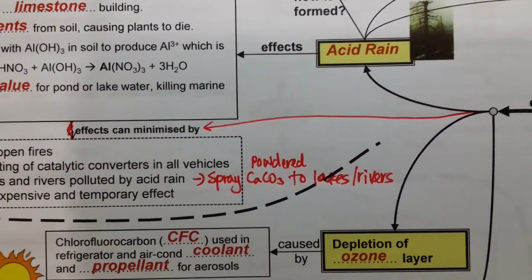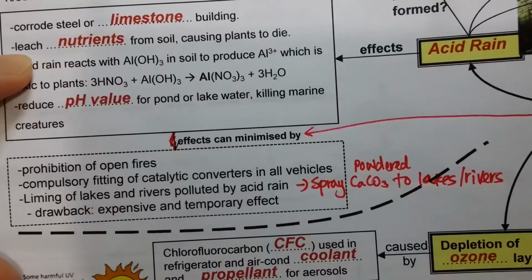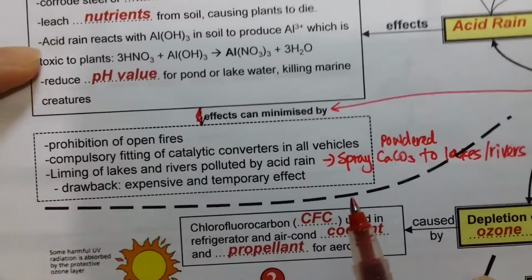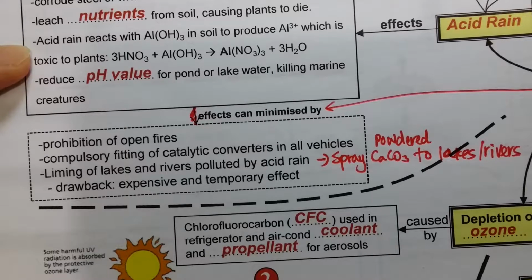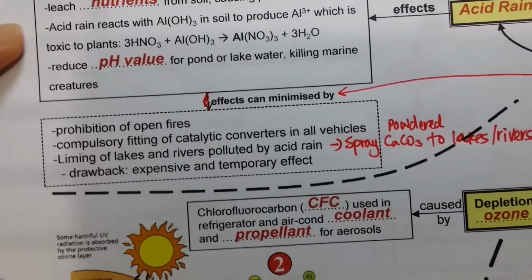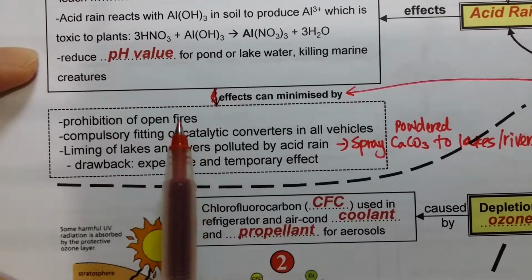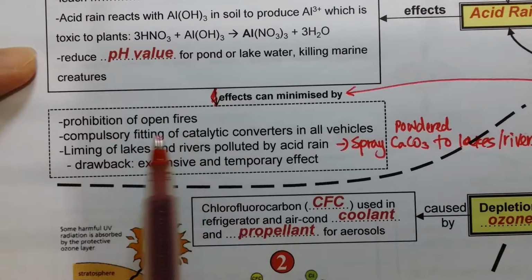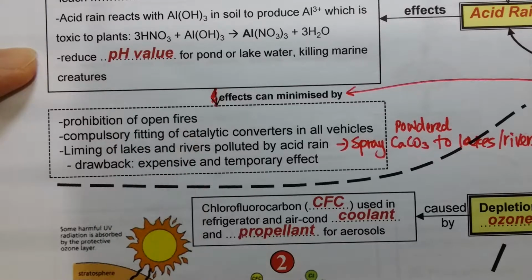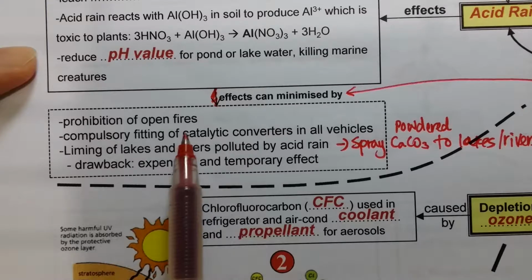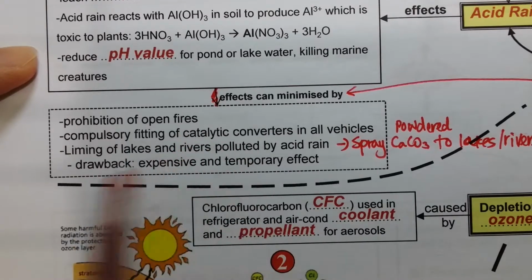Now the next part is, how do you minimize the effect of the air pollutant? In order to minimize the amount or the effect of air pollutant, we have to stop open fires, like what is happening in Indonesia.